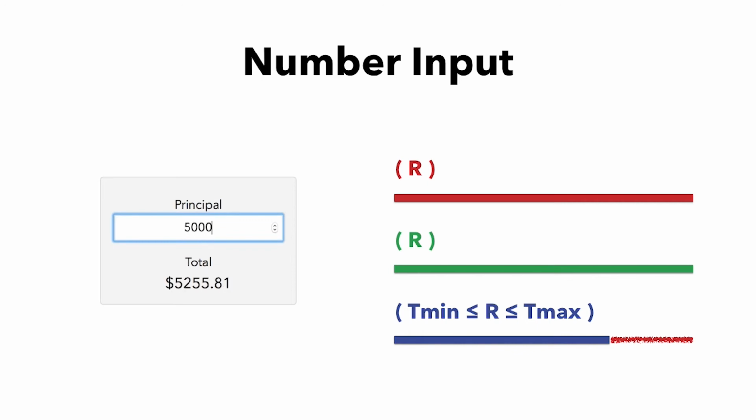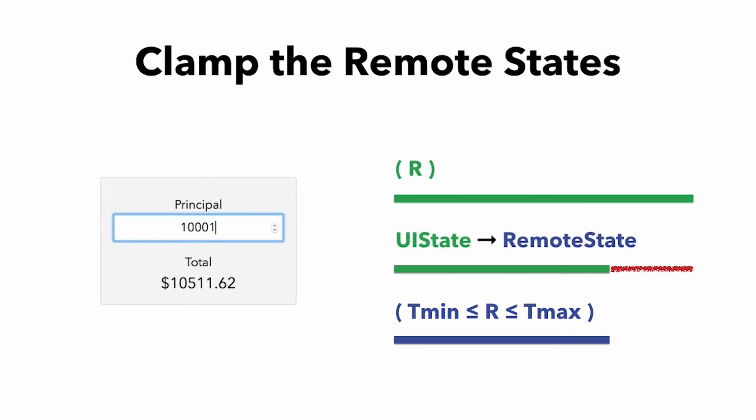Okay, so how do we cater for this difference between the set of UI states and the set of remote states? There's two options. The first one is that we can clamp the remote state. So in our little calculator function, when we're going from UI state to remote state, we can just drop those other numbers.